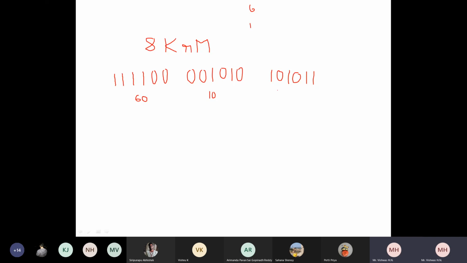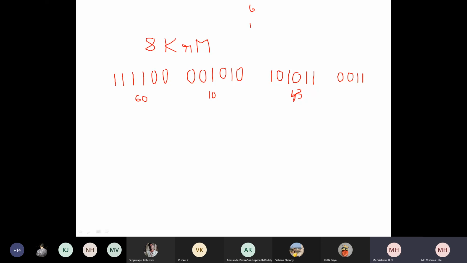Is that clear? So am I right? 1 0 1 0 1 1. This represents 43. Am I right? Yes. Okay. Then finally capital M you have. How do you represent capital M? What is the capital M value? It is 12. How do you represent 12? I don't need 32. I don't need 16 also, but I need 8. 8 plus 4 is 12.